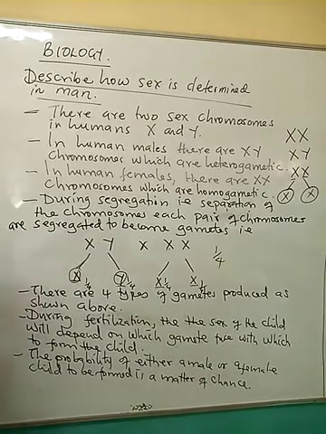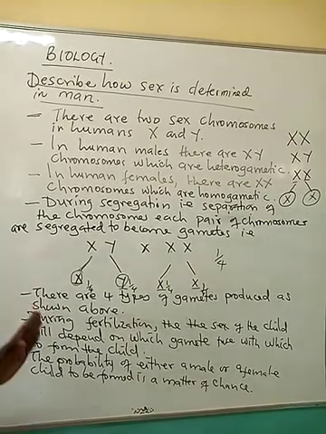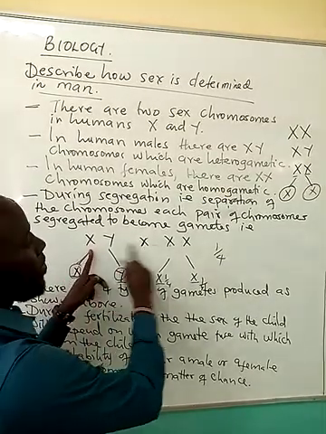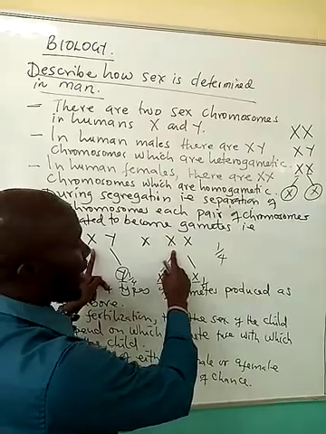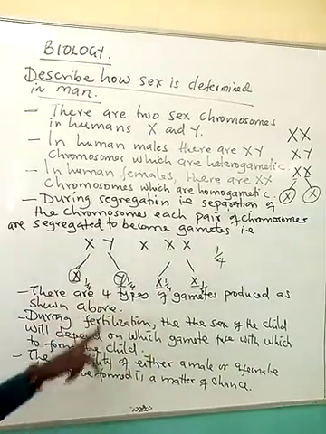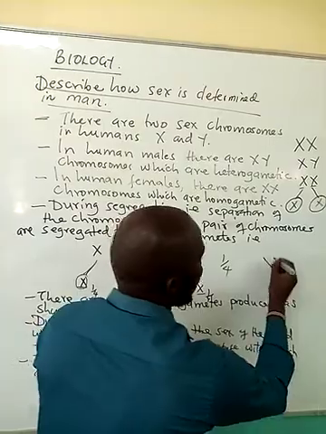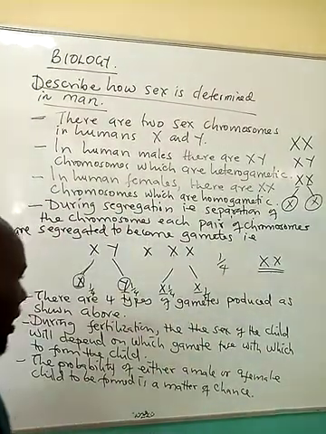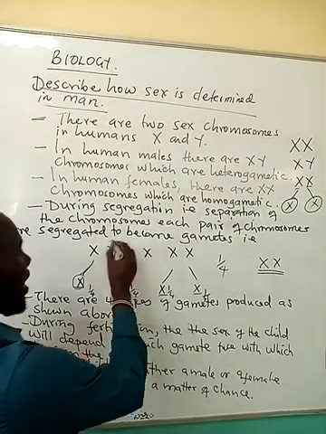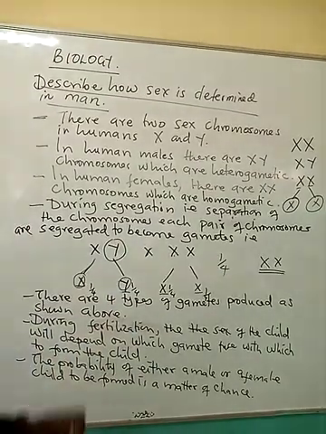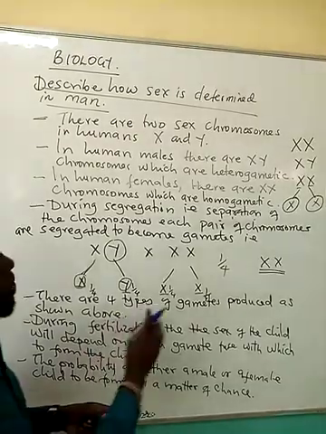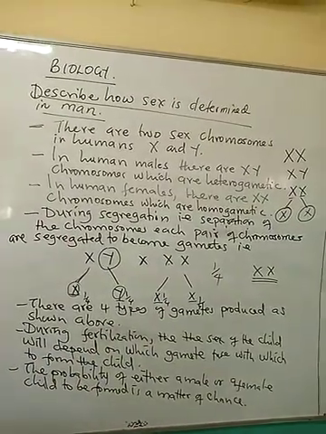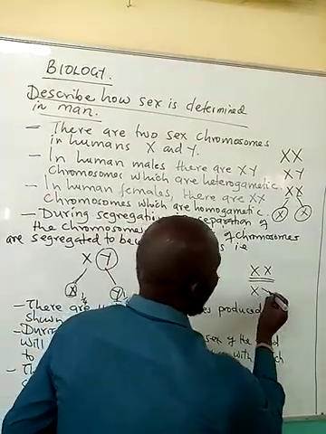For example, if it is the X chromosome from the male that fuses with the X chromosome or the egg cell from the female, then automatically an XX chromosome combination will result. That is, a female child will result. Then again, if it is the Y chromosome from the male that fuses with the X chromosome in the female, then a male child will result.